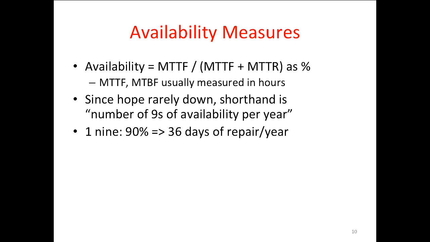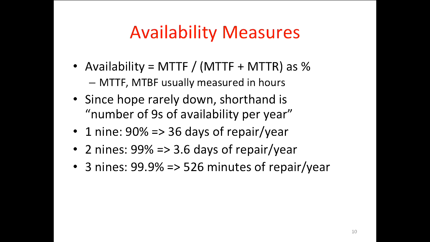You'd have over a month of the year spent waiting around for the system to be repaired. Doesn't sound too good. If you go to 2 nines, that's 99%. That's a bit better, but you're still waiting 3.6 days of the year where the system's just not available to you. And going up, 3 nines, 99.9% of the time the system's available. Now you're down to 526 minutes, less than 10 hours of downtime in a year.